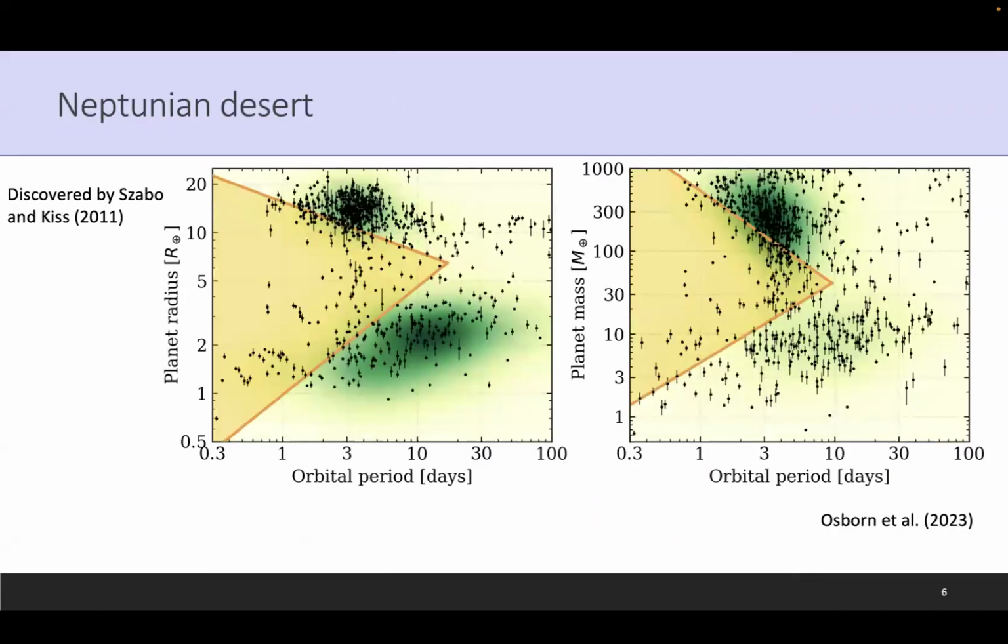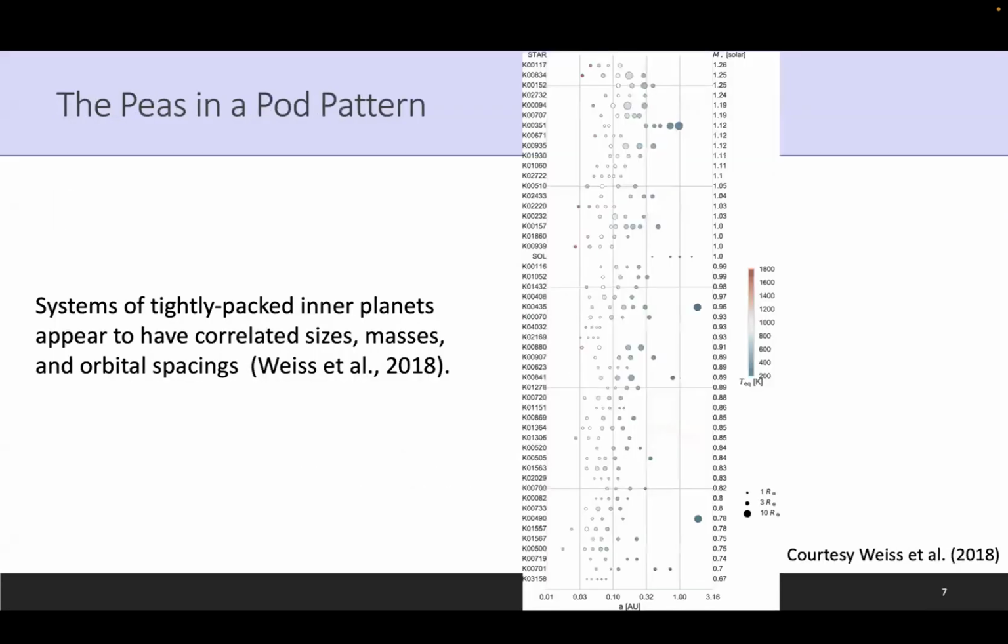And around 2011, people also discovered there's a Neptunian desert. So there seems to be a lack of sub-Neptune planets, hot Neptune planets. This is still a mystery, and it's possibly linked to the photoevaporation mechanisms in the disk.